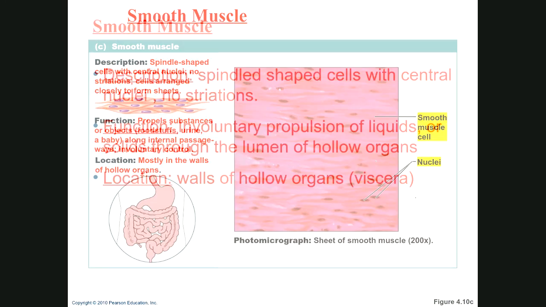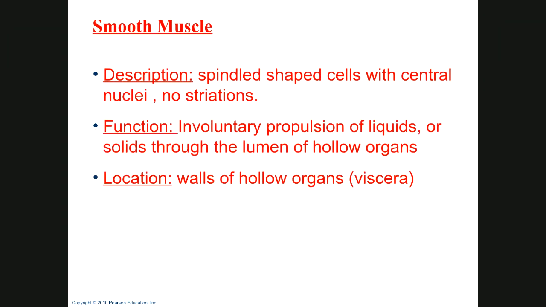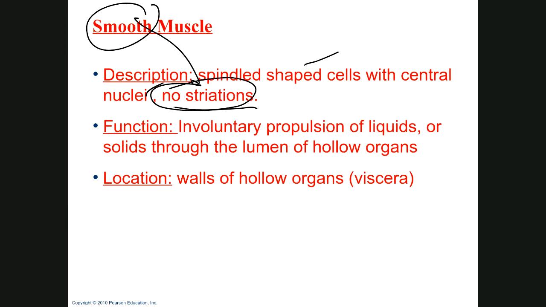As a summary, smooth muscle has spindle-shaped cells with one little nucleus and no striations. That's why it's called smooth. The function is the involuntary movement of whatever is inside the organ, and the location is the walls of hollow organs or viscera, like the stomach, intestines, uterus, blood vessels, urinary bladder, etc.